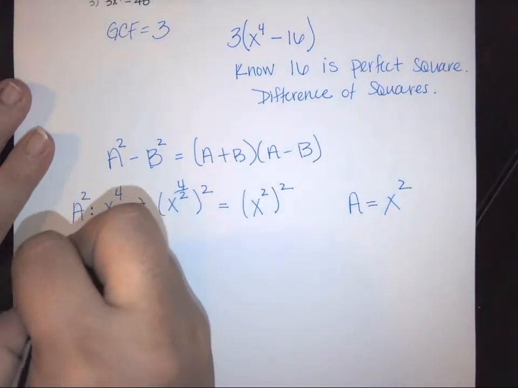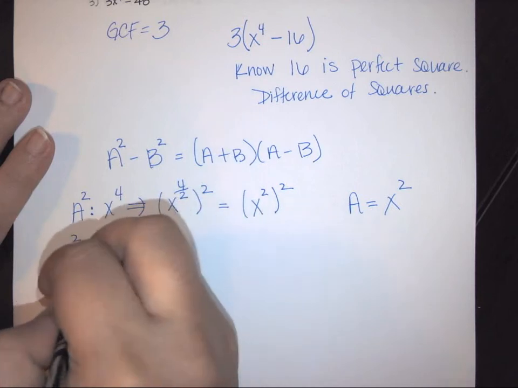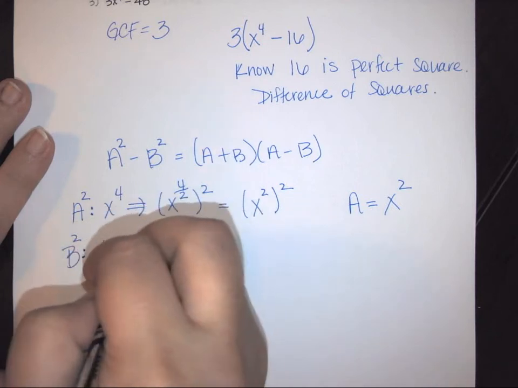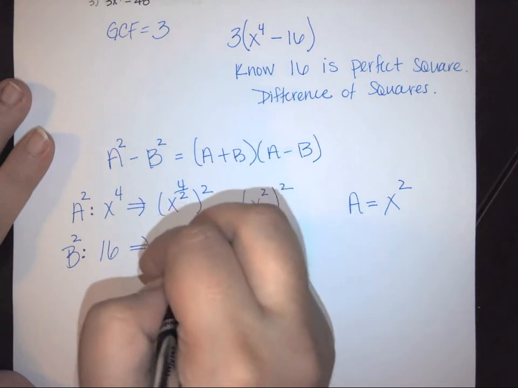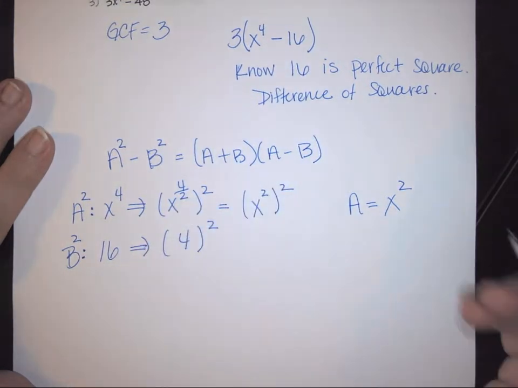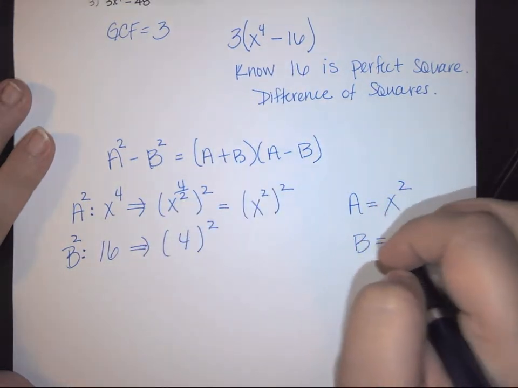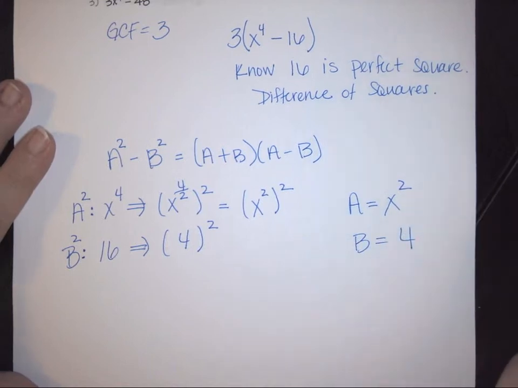When we look at the b squared part, b squared is coming from 16. So if we turn that into something squared, it's simply 4. Therefore, my b is 4.